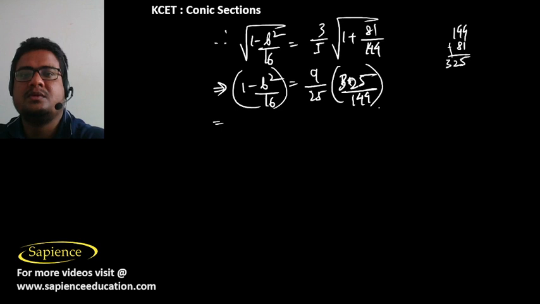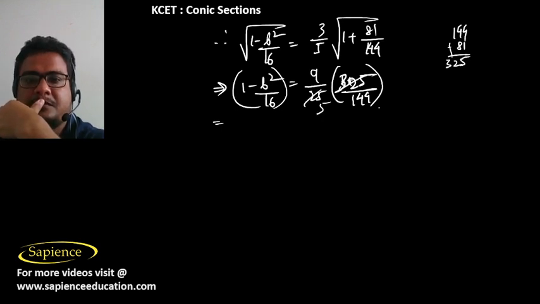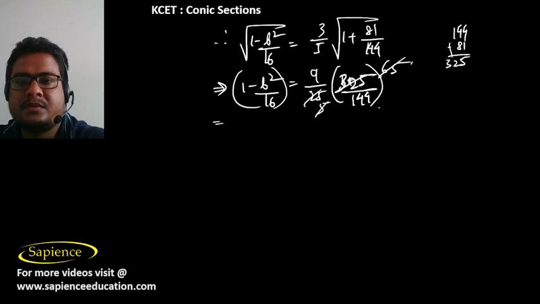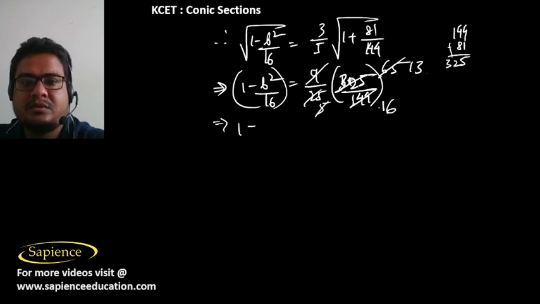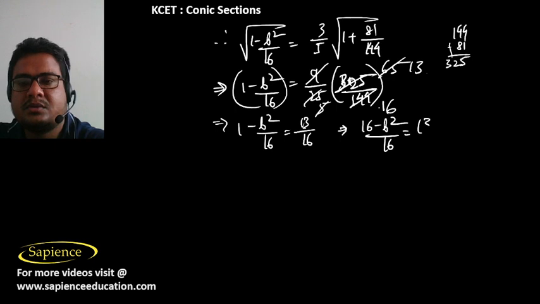So this will be equal to 5 5s are 25, 5 6s are 30, 5 5s are 25, 5 13 is 65, then 9 1s are 9, 6 9s are 54. Therefore 1 minus b square by 16 is equal to 13 by 16. So 16 minus b square by 16 will be equal to 13 by 16.